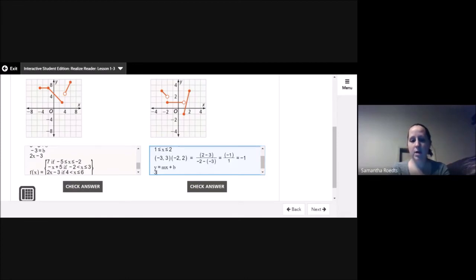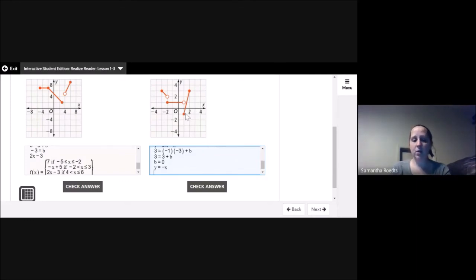So 3 equals -1 times -3 plus b. So 3 equals 3 plus b. So b equals 0. So y equals -x is my first one.